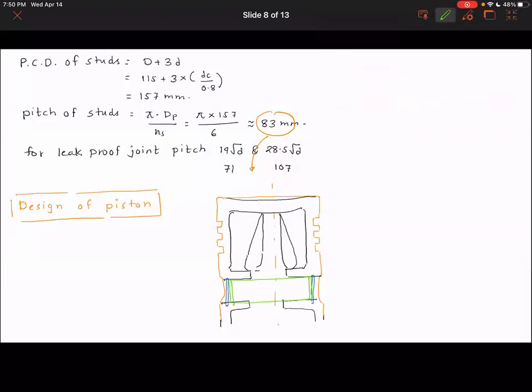And what we want to do is we want to design the piston, and here are the important dimensions. The external diameter of the piston is same as the bore diameter. But in addition to the bore diameter, we want to find out this thickness, T, thickness of the piston.